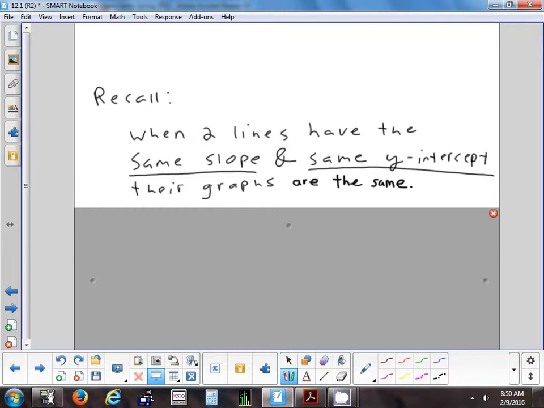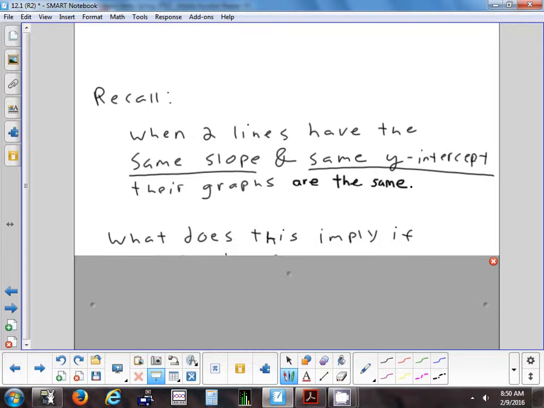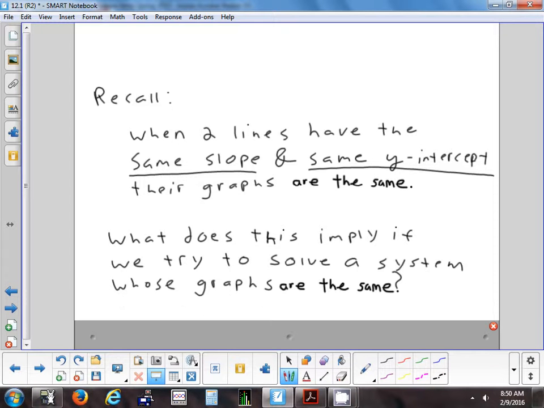Same line. So what do you think that would mean? If you graph a red line on top of a blue line, right on top of each other, and I said to you, the solution is where they cross. This is kind of the opposite of parallel. Instead of no solution, what do you think we'd get?